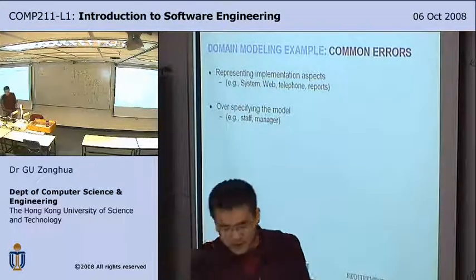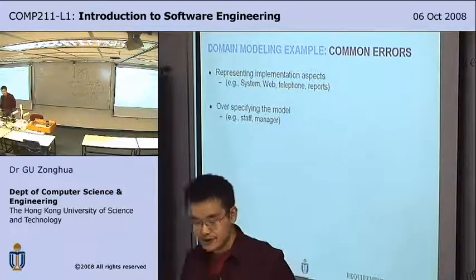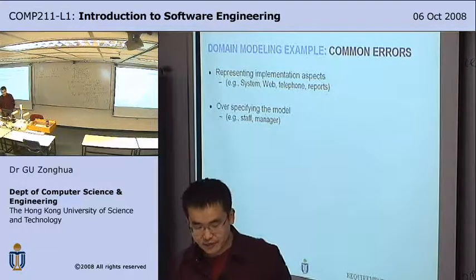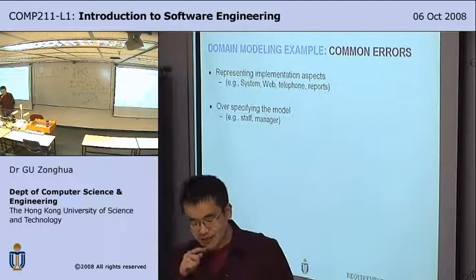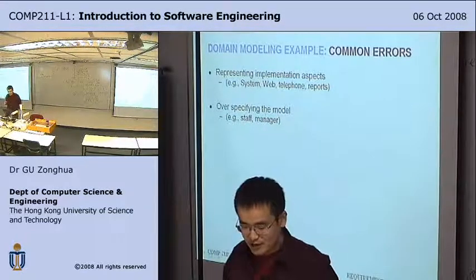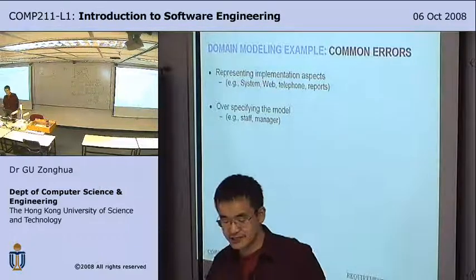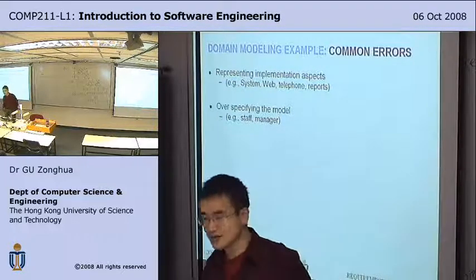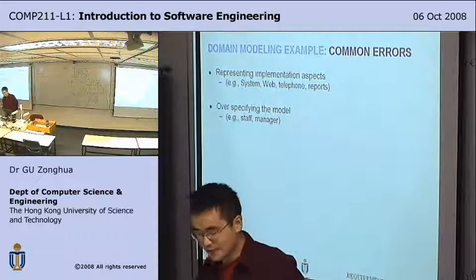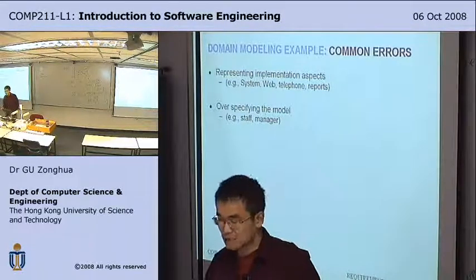In this particular example, you're trying to keep track of the videos and the customer rental history and buying history. So the staff and manager are really not important. That is, who enters the information into the system, who takes care of the transaction of renting a video or selling a video, is not really important.